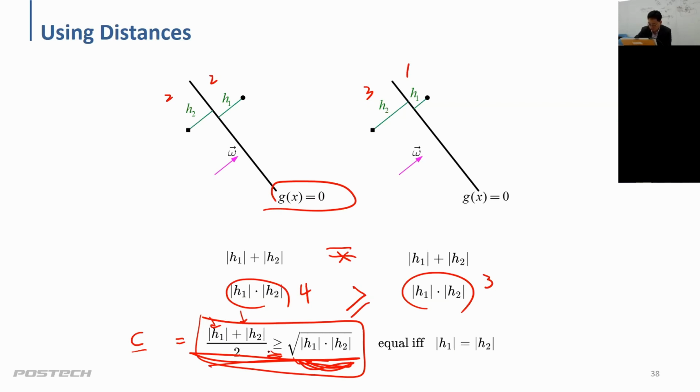And we know that the equality holds when these two values are the same. So when we maximize these values, these two are going to be approximately equal. That means the boundaries are probably going to be located in the middle, in the center, because these two values are pretty much the same.